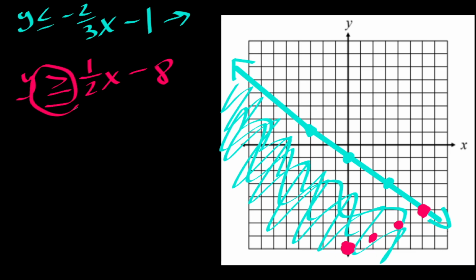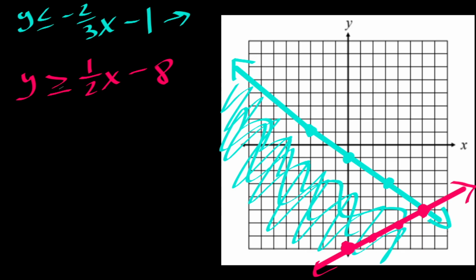It would be solid since there's a line under our inequality. So once again, I'm going to cheat a little bit. That looks pretty straight. If only I could draw straight lines, I would be a better person. All right, so there is our line.